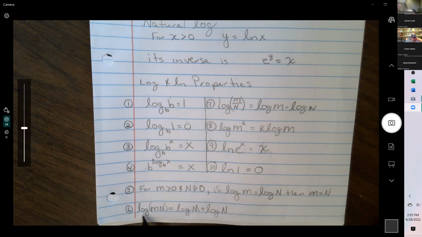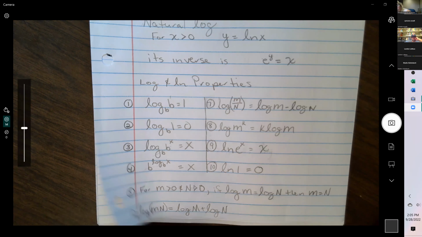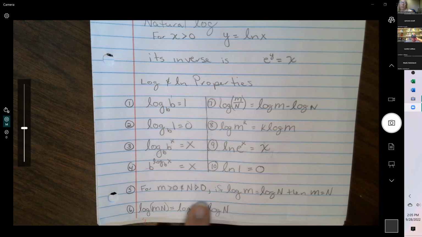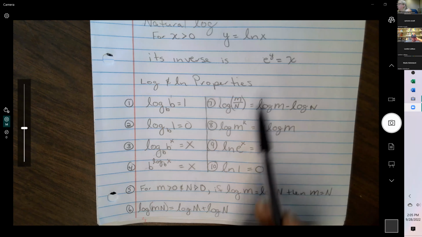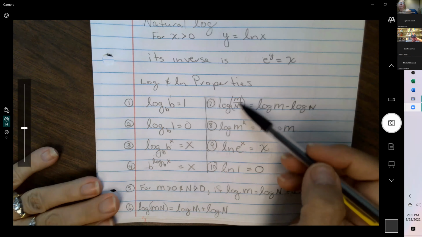This one, you can think of as like a distribution. The log of m times n is the log of m plus the log of n. So sometimes we'll break it up and go this way. Other times we'll want to combine them and go this way. Just like multiplication, division.